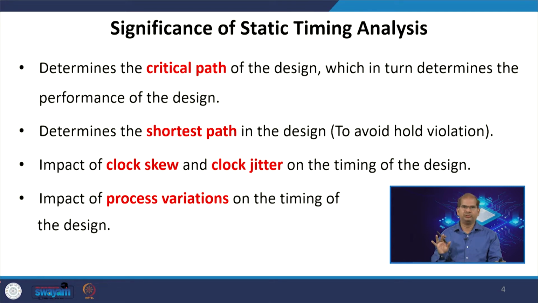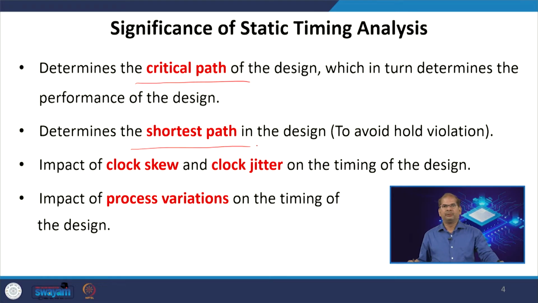That is not good practice. So, we have to do analysis on the critical path or the longest path, and we have to do analysis for the short path or the minimum path. The longest path is analyzed to avoid setup violation, and the shortest path is analyzed to avoid hold violation.